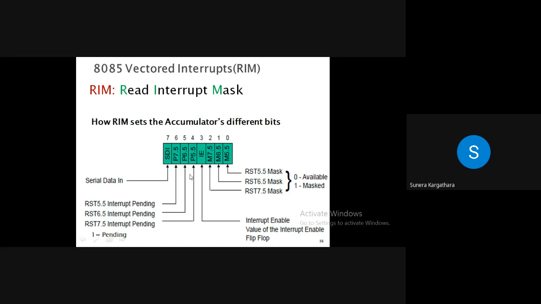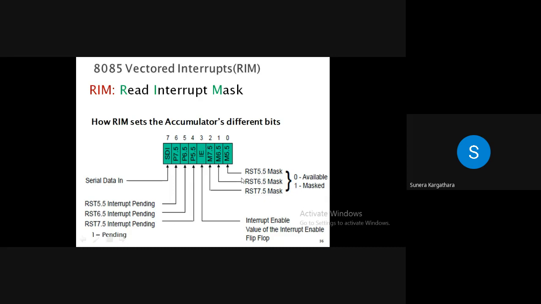So you can say the particular interrupt is pending if it is 1, and 0 if it is served. Am I communicating, student? If the particular interrupt is pending, this bit will be 1. If it is 0, you need to understand that the interrupt is already solved.